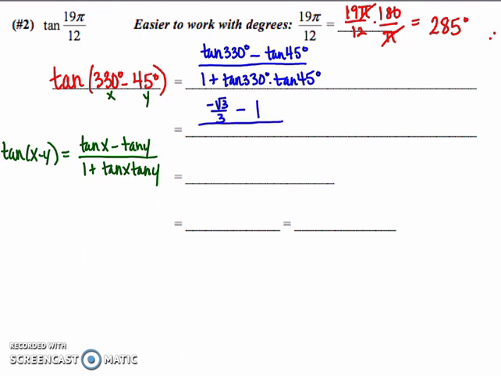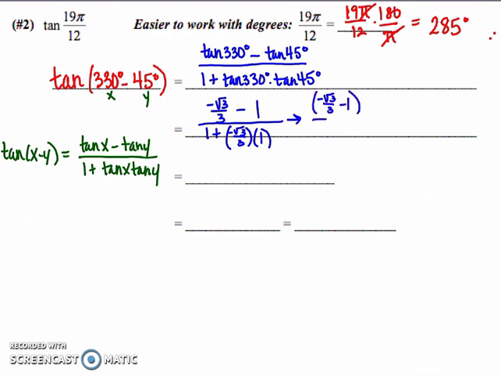Okay, and this is divided by, things are about to get a little messy here, 1 plus, and then we already know this is negative square root of 3 over 3 times 1. All right, so I'm just going to rewrite this a little bit here. So I've got negative square root of 3 over 3 minus 1.